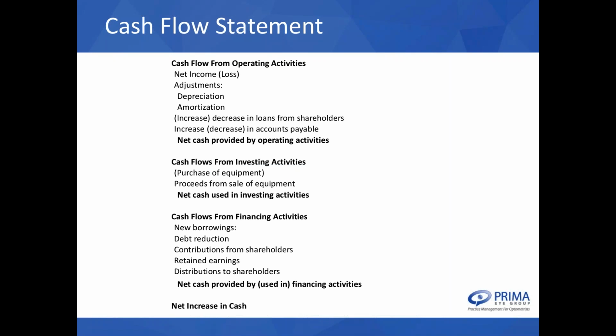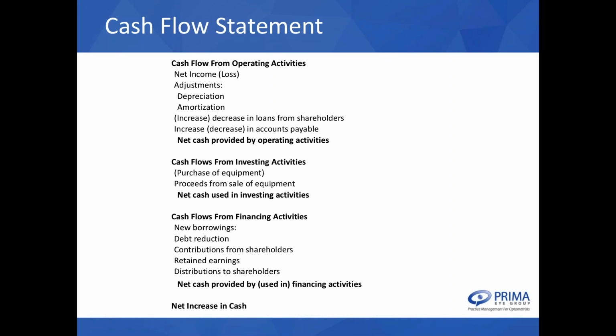It's going to define the change in cash in the practice in three areas. The first would be from operating activities, and this again is from the P&L. Depending on how your P&L is structured, it's going to take the net income, put back in the depreciation and amortization that you showed, and then net out any changes in loans from the shareholders or increases or decreases in accounts payable.